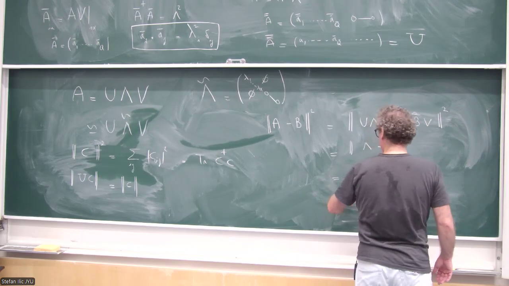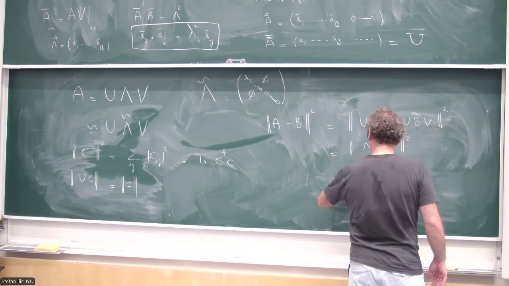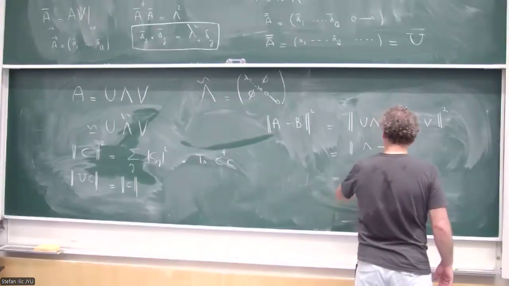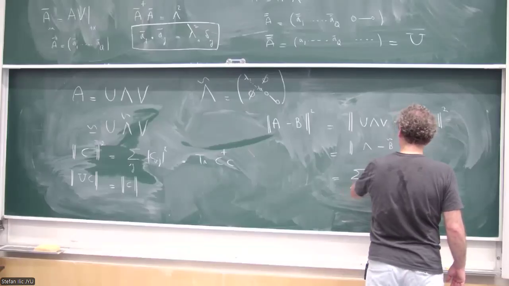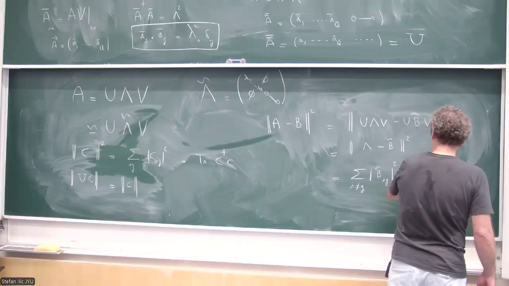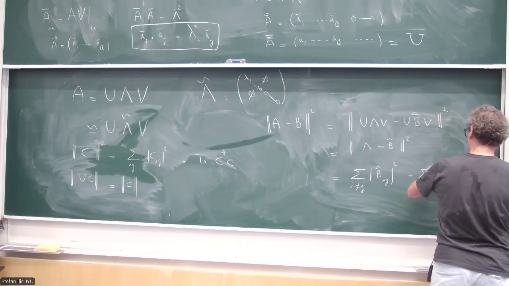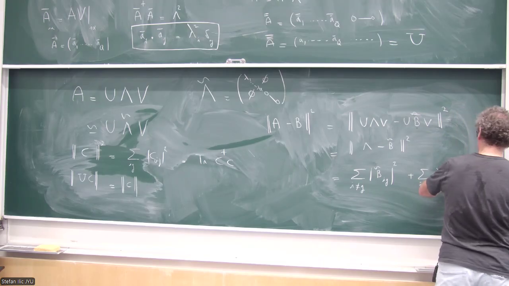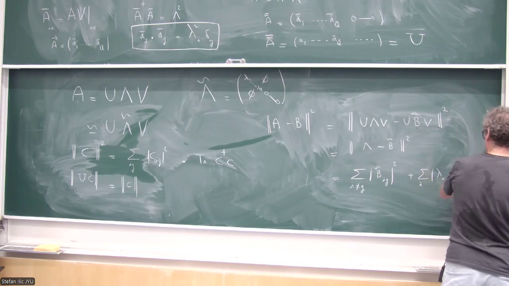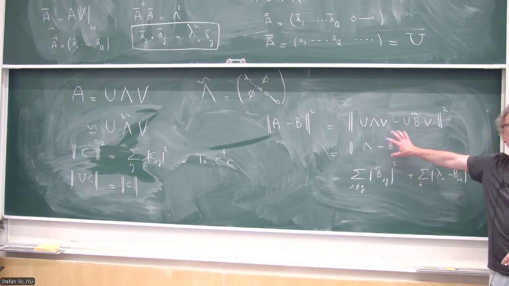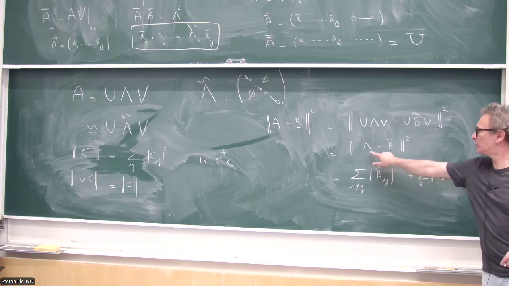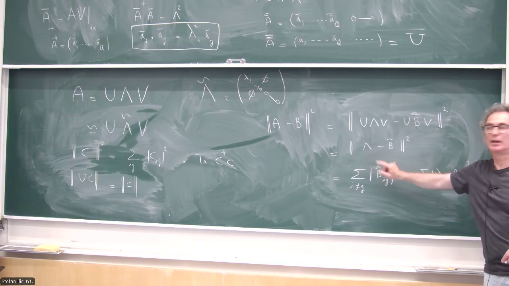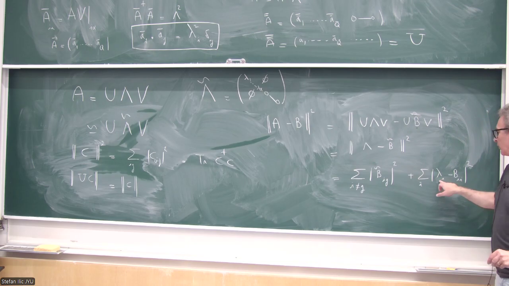And now, it is the sum over i different from j of B tilde ij squared plus the sum over i of lambda i minus B tilde ii squared. So this is the sum of the squares of all elements. I just separated the off-diagonal terms, for which lambda is 0 because it's a diagonal matrix, from the diagonal ones.